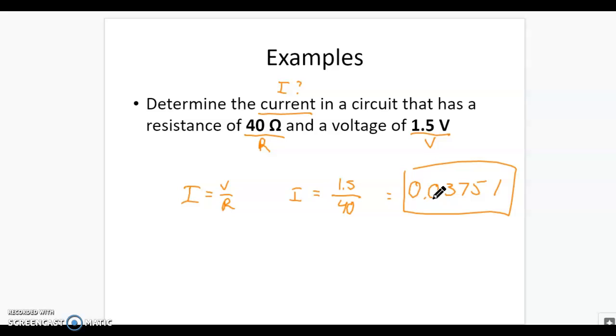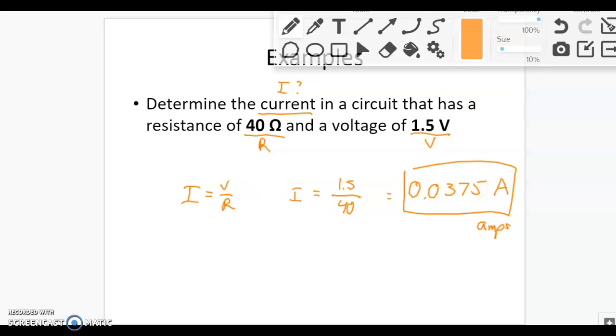And the unit for current, it's amps. So you can either write it that way or you could write it this way, and that is fine. So make sure that you solve it out. Your answer should make sense for the most part. We have a low voltage with some more resistance to it. Yeah, we're going to get a small current. And so that's that part.